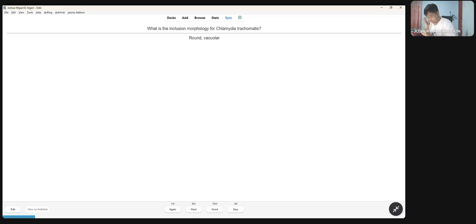Round vacuolar. And Chlamydia pneumoniae is round and dense. And Chlamydia psittaci is variable shape and dense. Right.